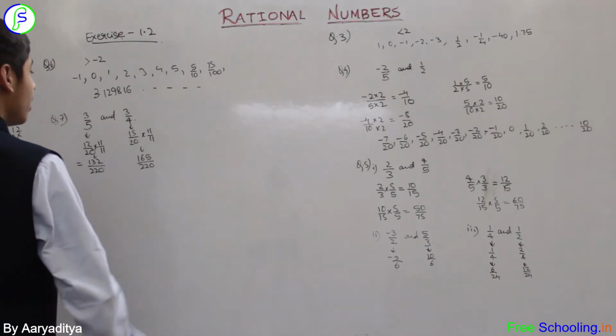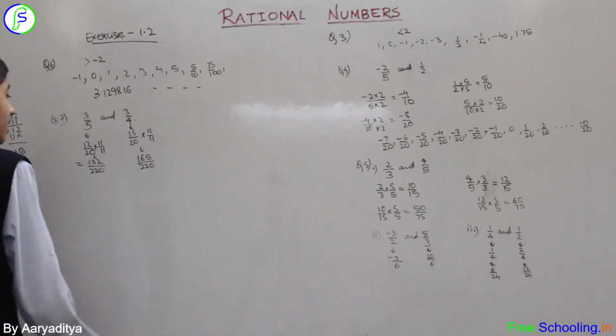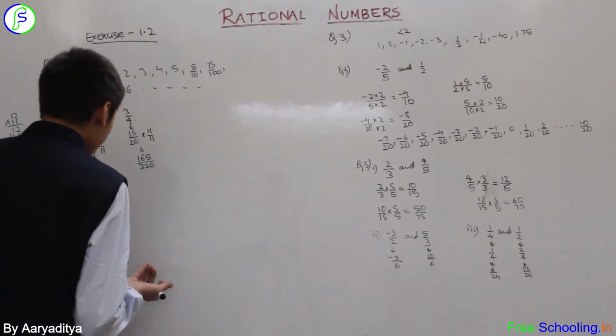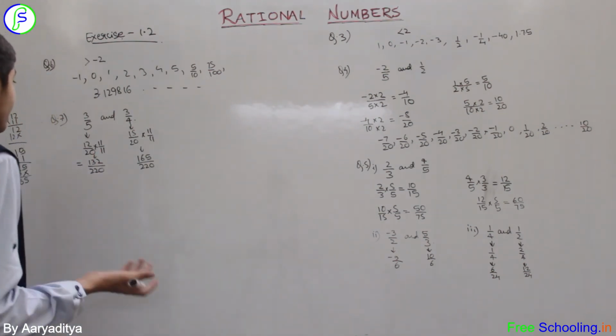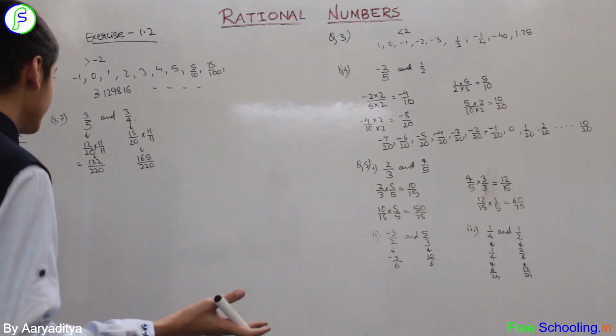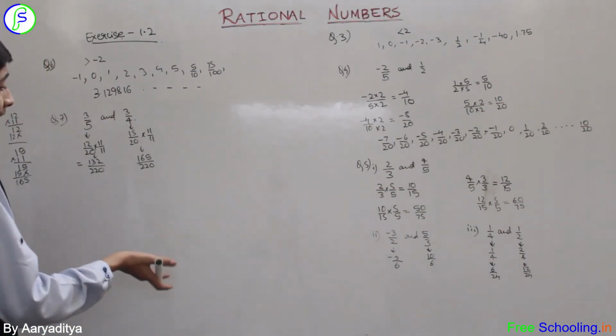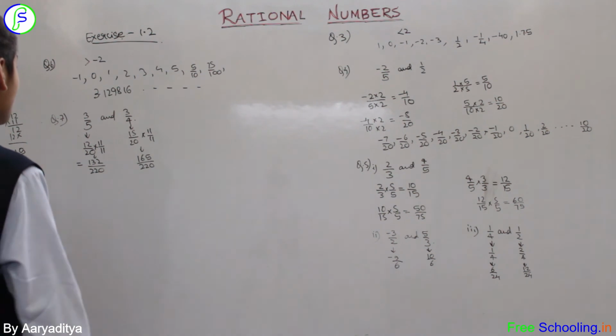And again, you can take out any 10 rational numbers that are there in respect to 220 as the denominator. You can take 135, 137, 138, 139. You can go to 140s, 150s, and you can go till 164 because the question says to find between.